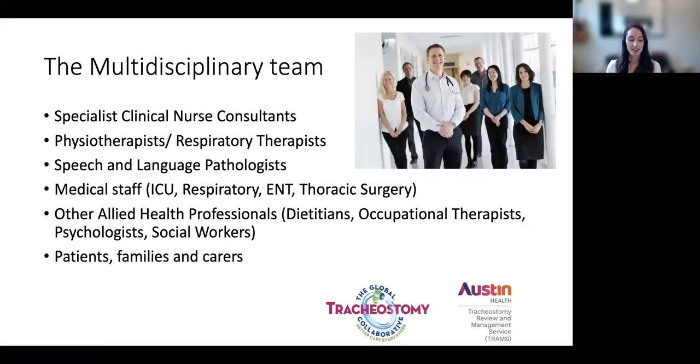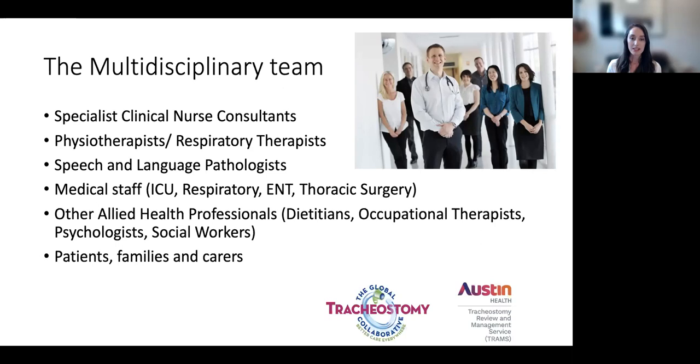There's increasing evidence that coordinated multidisciplinary tracheostomy teams support the safety and quality of care provided to patients and their family members. Teams can result in increased access to relevant expertise, and that can lead to earlier and increased speaking valve use, reduced time to decannulation, as well as reductions in length of stay.